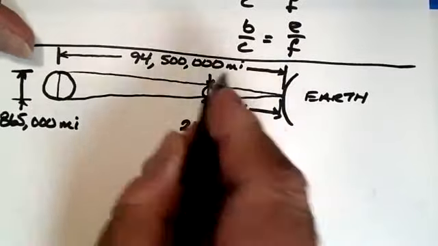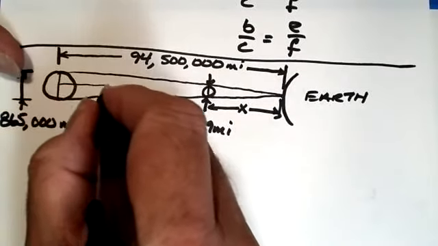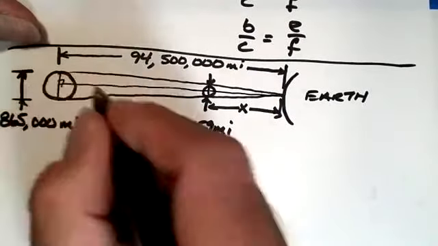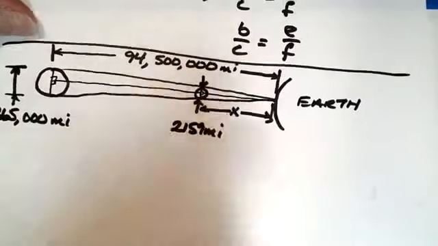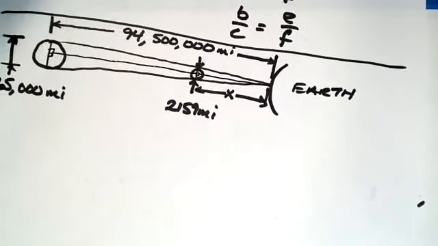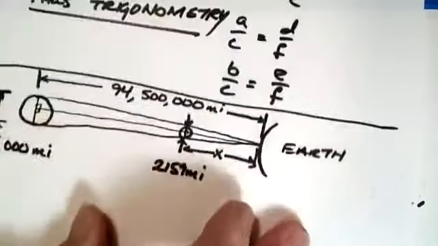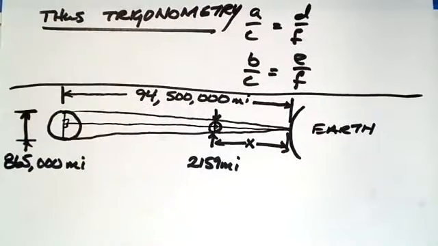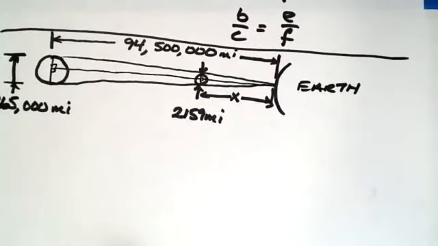In order to bring this x value in, you could split it down the middle so that you've got right angles out here, right angles here. But the result is the same. If you take the ratios of the diameters of these two objects, they're equal to the ratios of their distances. Or you could divide it in half and you get the same thing.